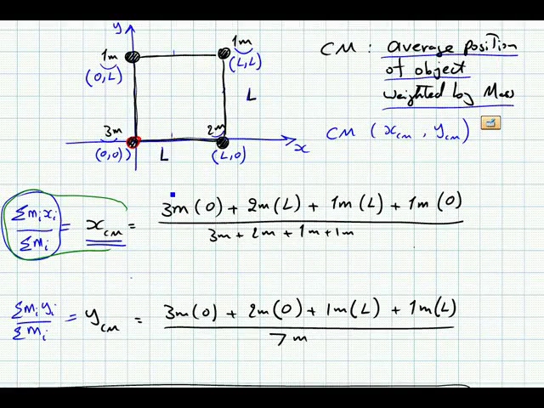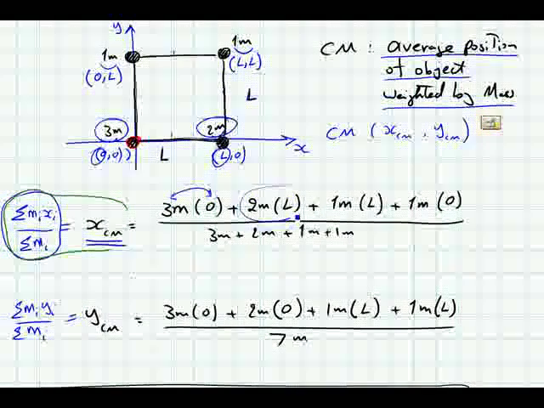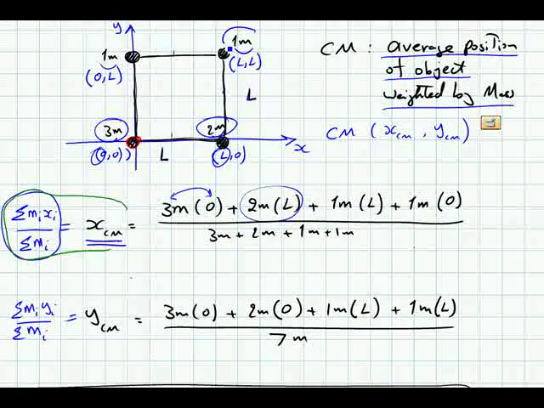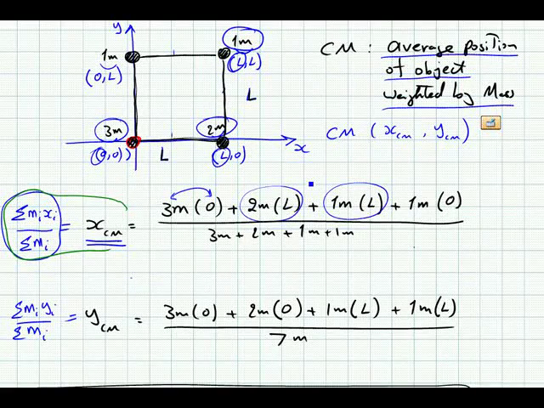Let's take the 3m mass first. The 3m mass multiplied by its x-coordinate is 3m times 0, which is this term right here. Then the next mass is 2m multiplied by its x-coordinate, which is 2mL. Third mass is the 1m multiplied by its x-coordinate, which is 1mL.